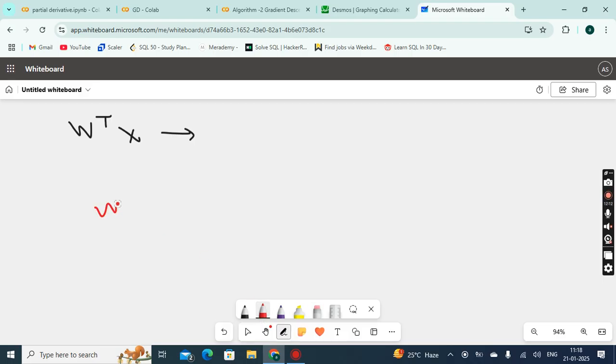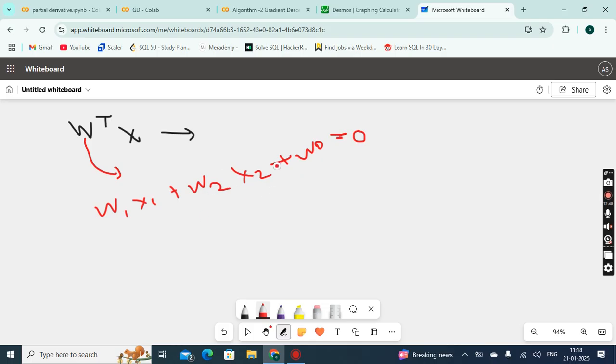We know that W1 X1 plus W2 X2 plus W naught will be equal to 0. This W weight vector, I am multiplying it with the X vector, and that is how I get this part.